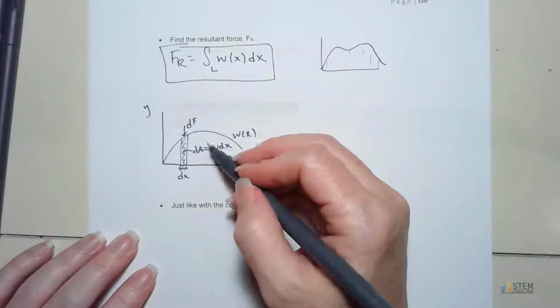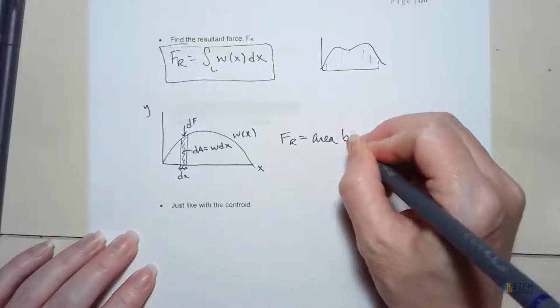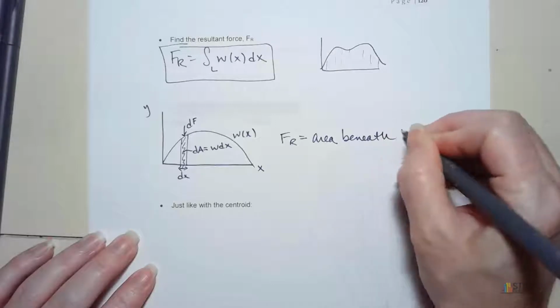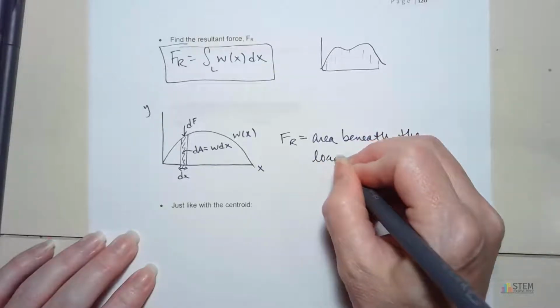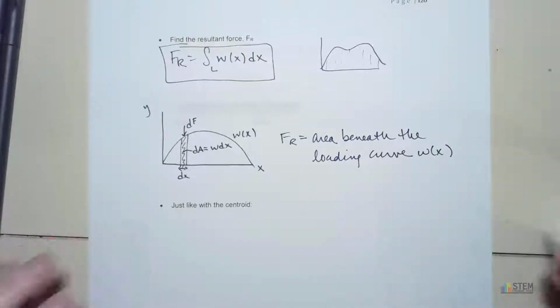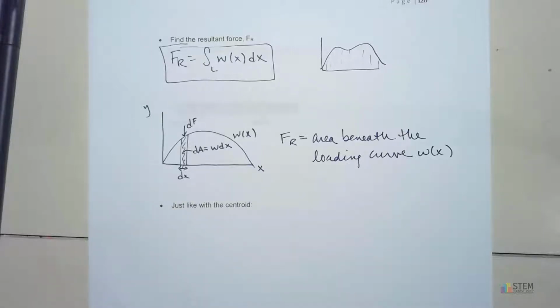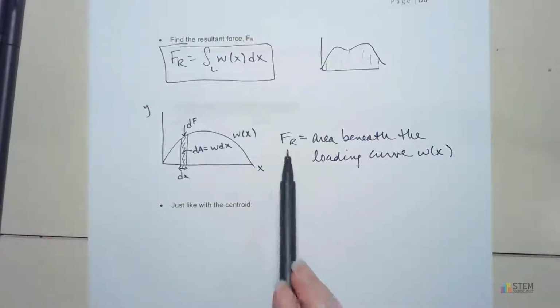So basically what that's telling you is that your resultant force is going to be the area beneath the loading curve W of X. Okay, because this curve is dictated by the loading that you have distributed across the beam, for instance. So if that gives you the loading, when you find the area under it, it's going to give you that resulting force because it's just summing up all those different loads into FR.